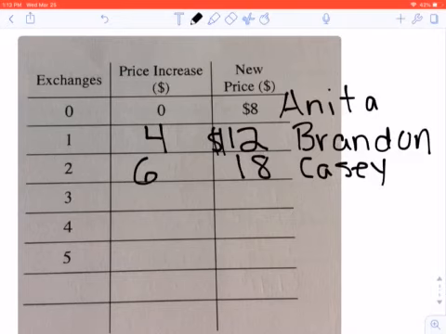If we go back to the problem, it says that then Casey increased the price by 50% and sold it to Eli. Eli also wants to make a 50% profit. So half of 18 is 9, and 18 plus 9 is 27.